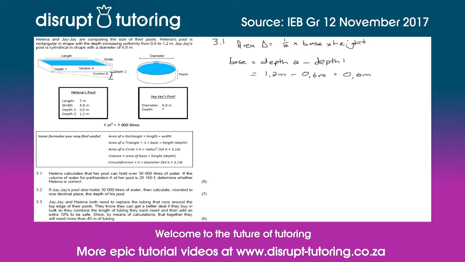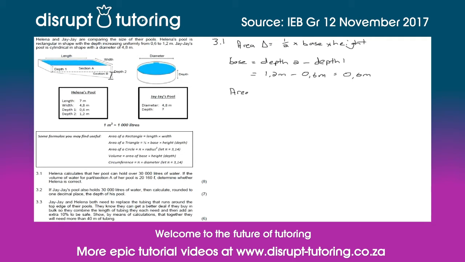So we've got our base, now we need our height, and our height is actually this line here, because if you look at our triangle, the base is there, our height is up there, but our height is also the length of the pool, which they've given us to be 7 meters. So we can use those two pieces of information to work out the area of the triangle.